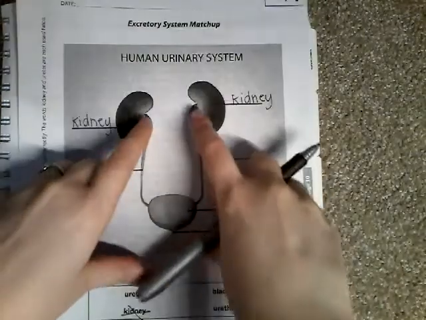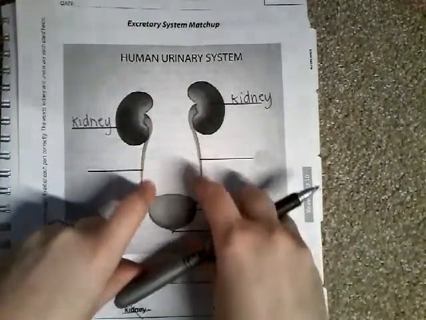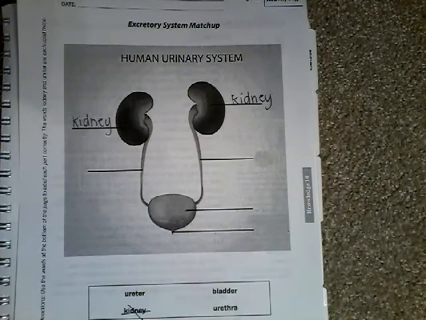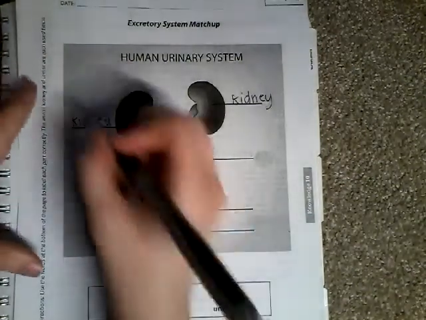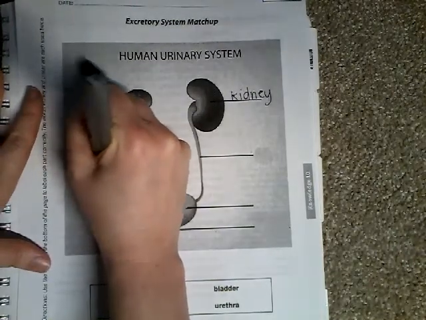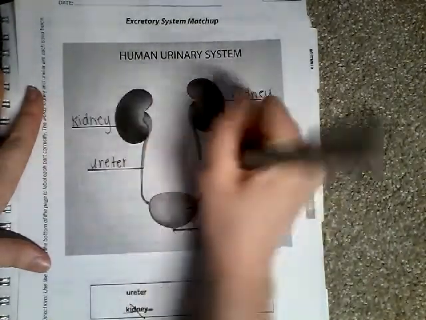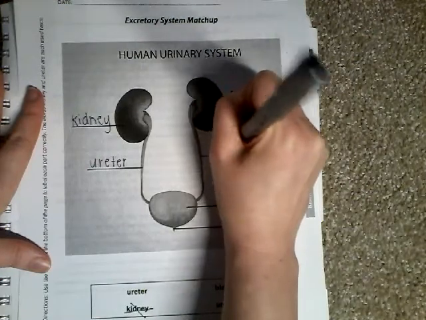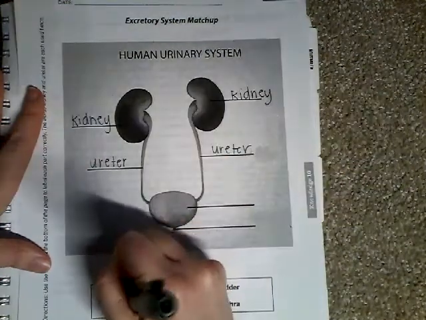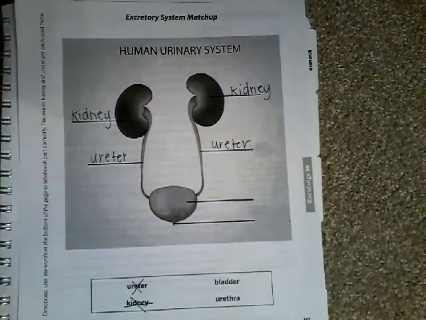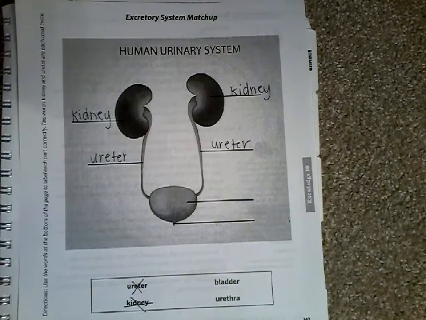Then you have two tubes. What were the tubes called? The ureters. Now we only have one of the rest.